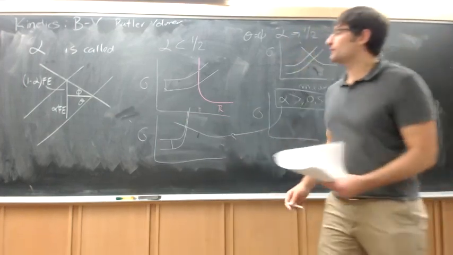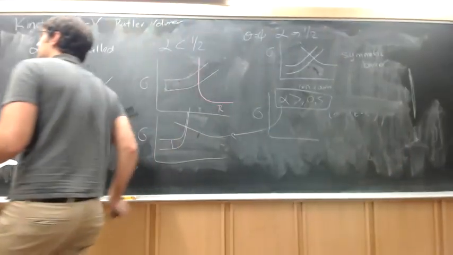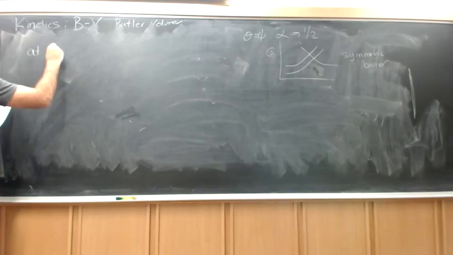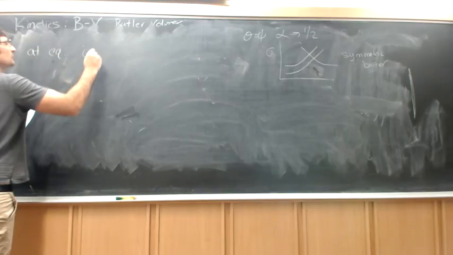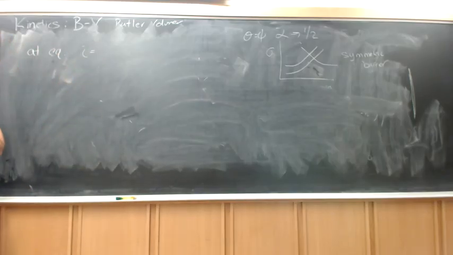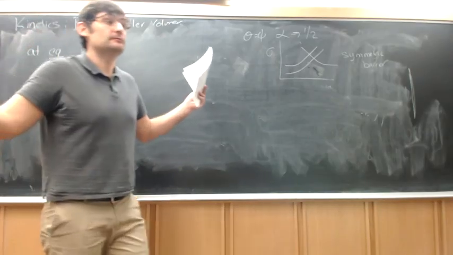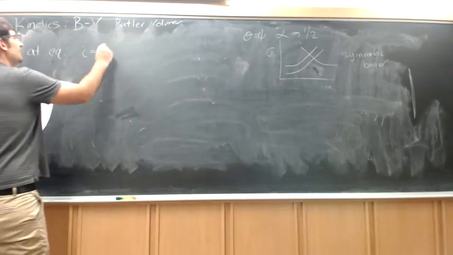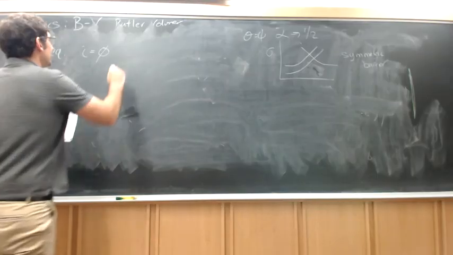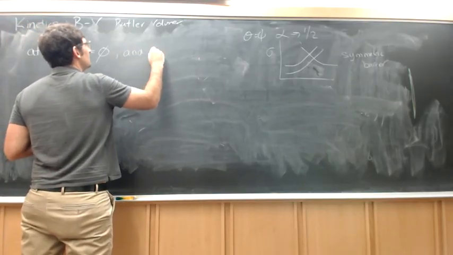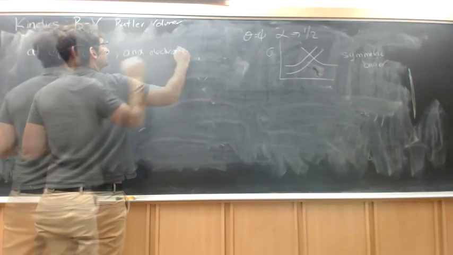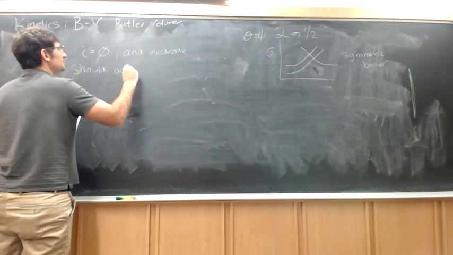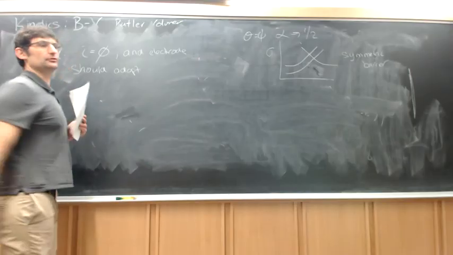So let's think about the Butler-Volmer model a little bit more now, in the last 5 minutes. At equilibrium, current equals what? 0. The forward current and the reverse current cancel, that's the definition of equilibrium. So I equals 0. What potential should the electrode adopt?